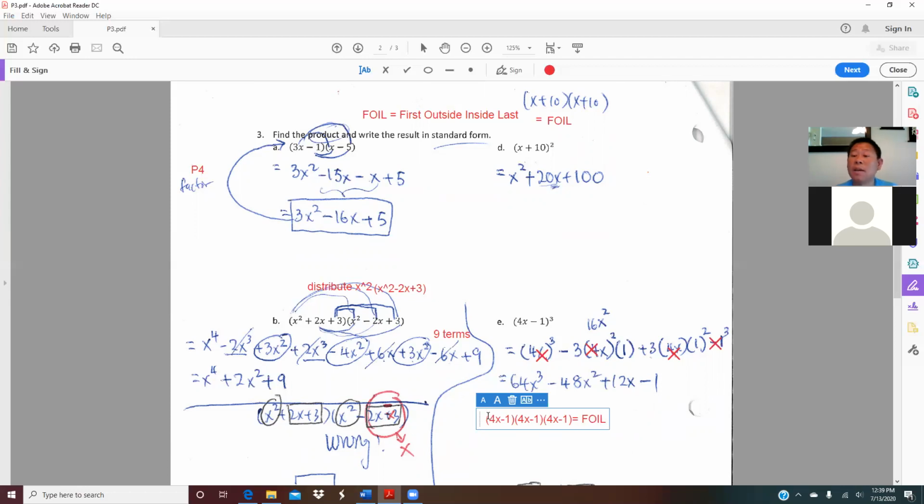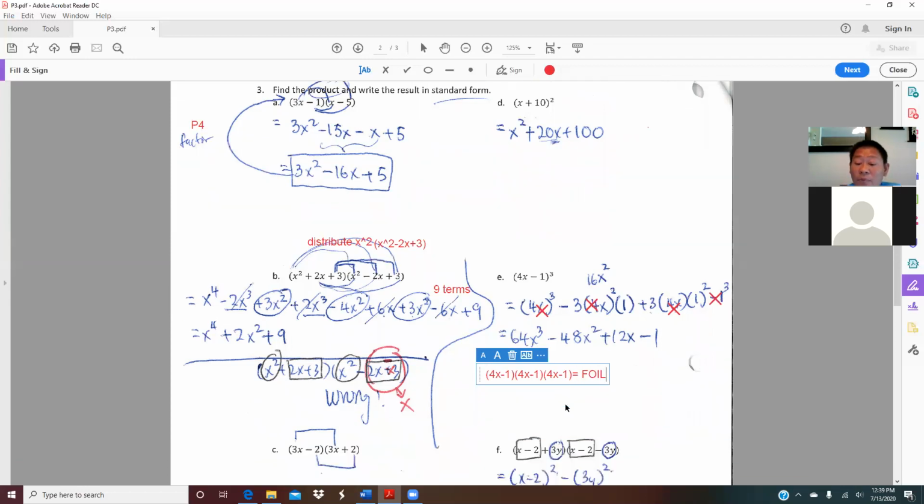You know what I'm trying to say here? If you try to do this formula, the chances of you making mistakes here is 99%. I can tell you that you will get the wrong answer. So I would recommend you to just FOIL it, and you will still get the same answer. It's a bit longer way, but it will definitely be correct, safe.